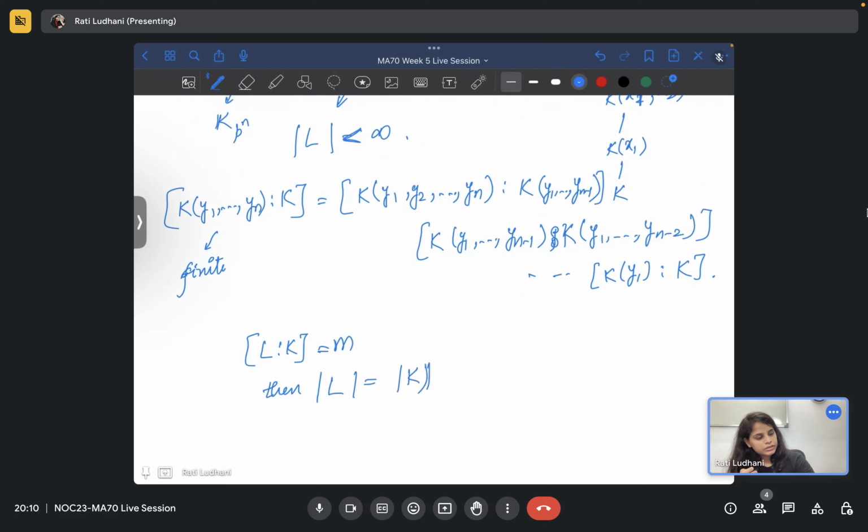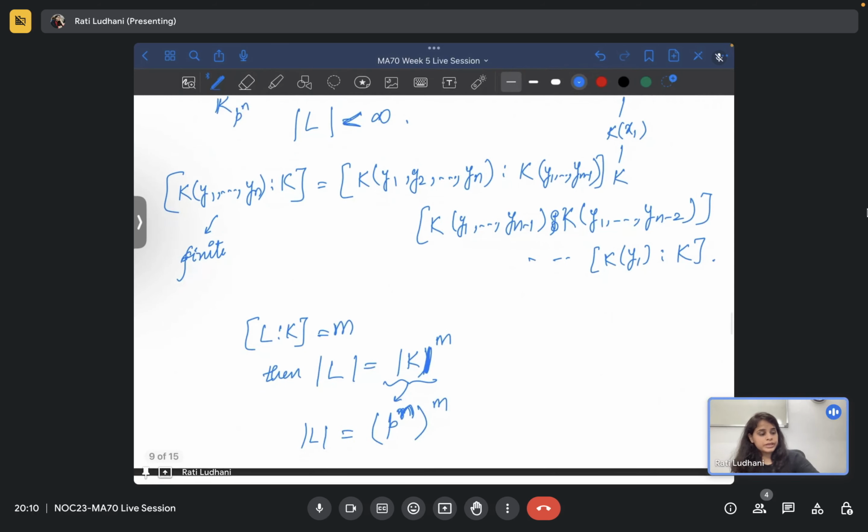Cardinality of K raised to the power of the dimension. In our case the cardinality of K is given to be p raised to the power m, so this will also be finite. Since this is a finite field, L is a finite field.